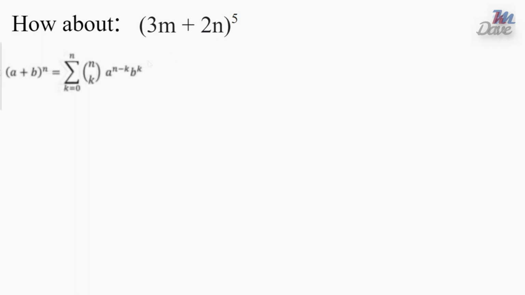By using this formula, a plus b raised to the power of n, we can expand it by using the summation of k equals 0 up to n of n choose k times a to the n minus k times b to the k. As a substitution, it will become a plus b raised to the power of 5.